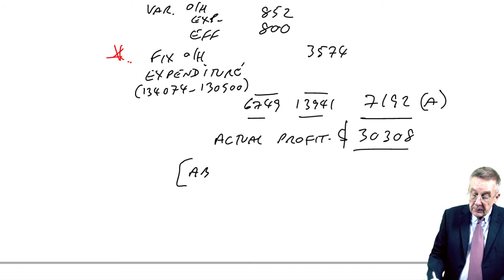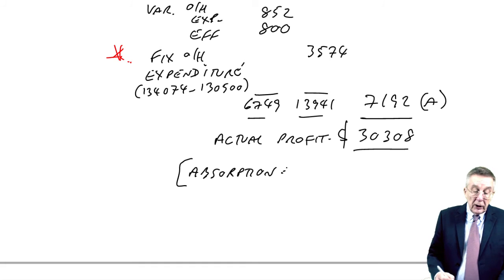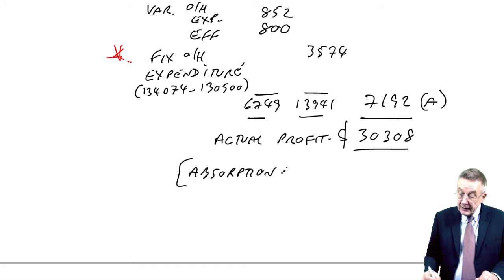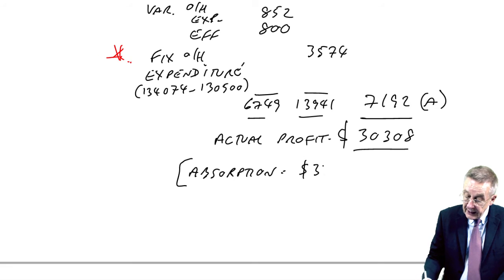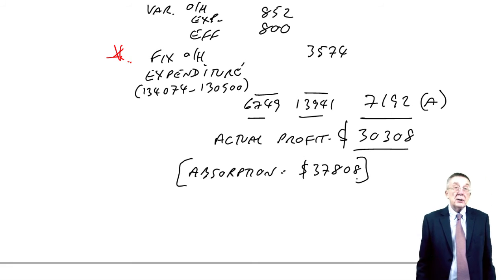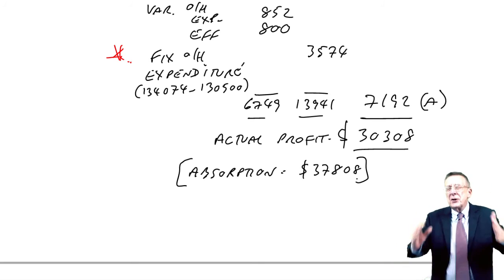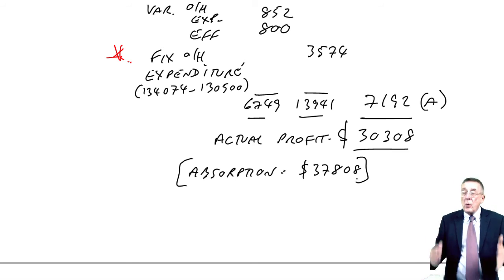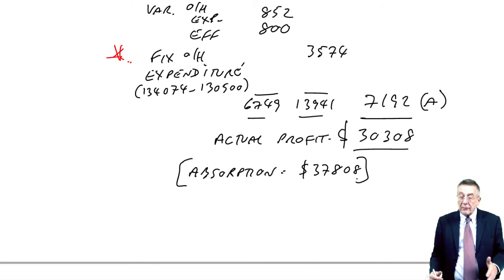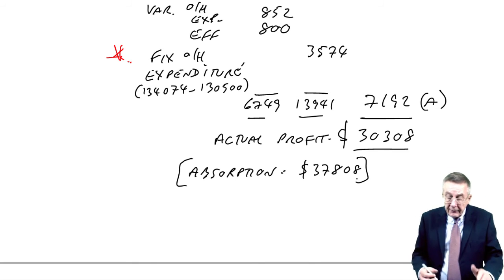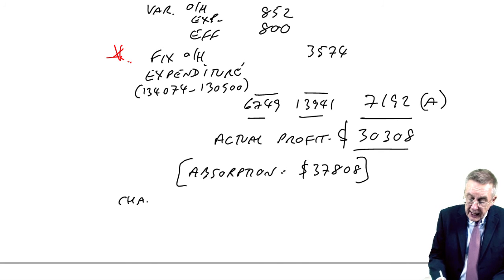When we did it absorption, if you look back, the actual profit was in fact 37,808. Well, I've already told you, it's nothing at all to do with variances. Absorption and marginal will give different profits. The difference will be the change in inventory.